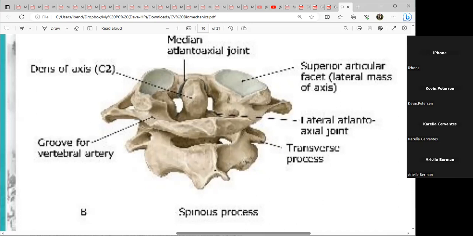Now, these joints are unique, and you don't often see it in X-rays and anatomy apps, in that they describe the articular surface as the cartilage. What it actually does is make the bottom half of C1 convex, and the top half of C2 convex. So you have two convex surfaces sitting on each other, two half balls resting on each other.